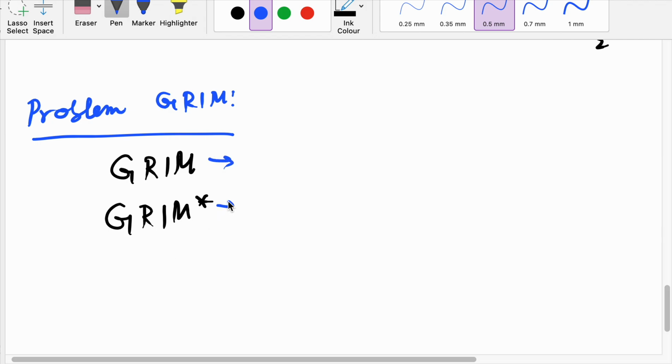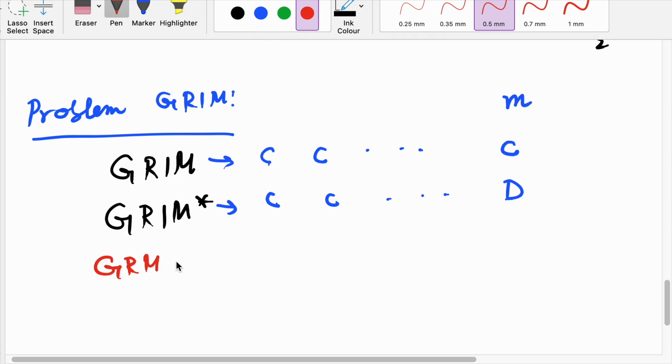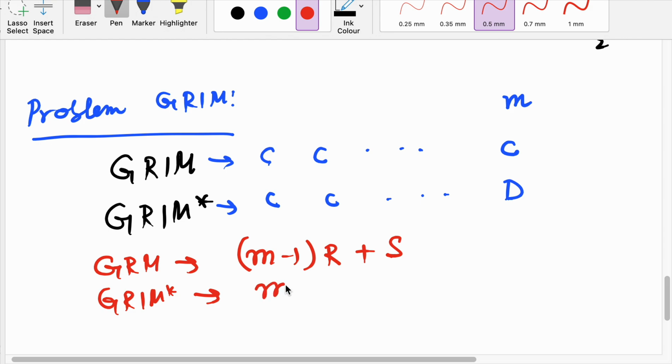It will start with C and keep playing C, but at the last step the green star will play defection. So the payoff of green will be m minus 1 into R, plus a sucker's payoff S in the last step, and the payoff of the green star will be m minus 1 into R plus T.